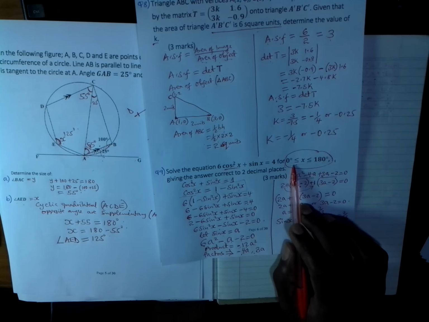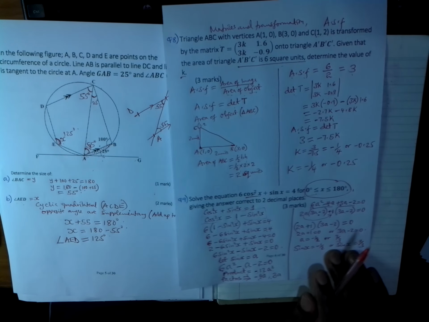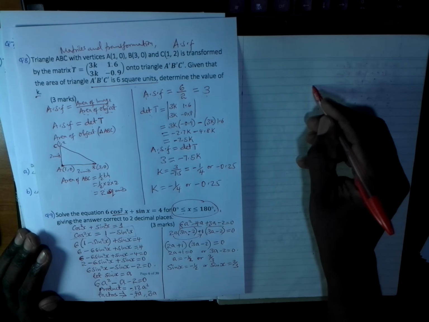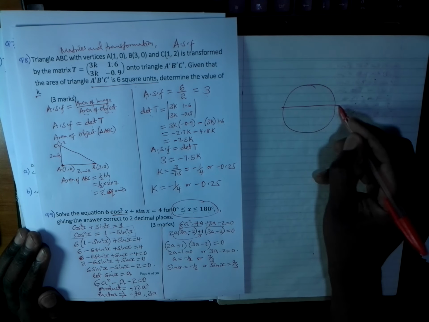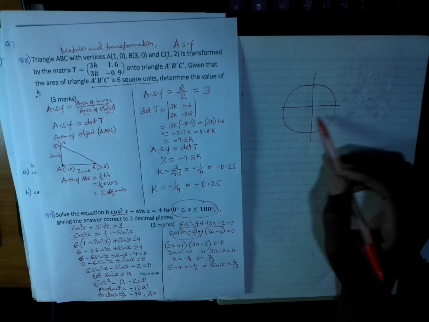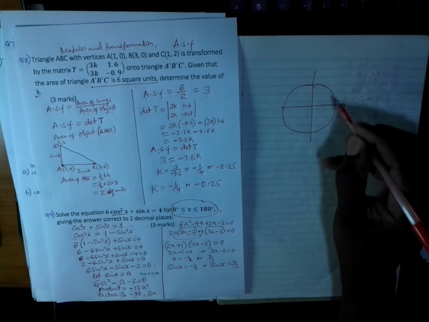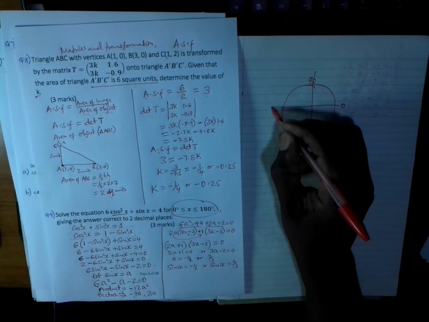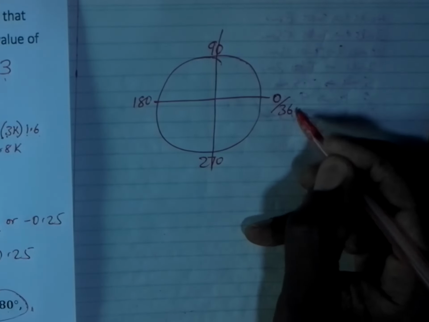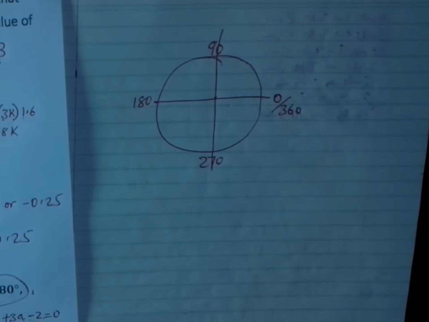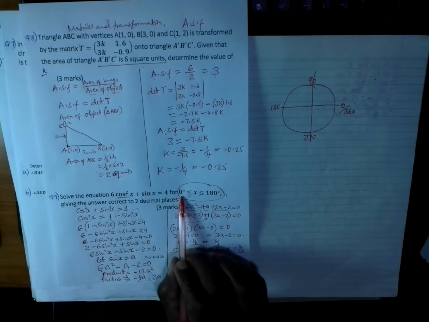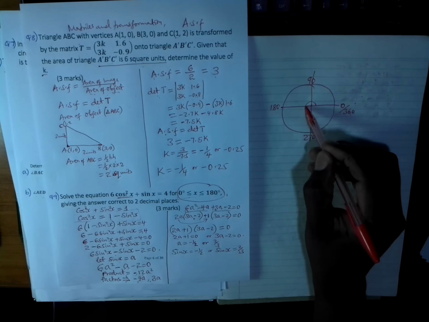But from the given range, one thing I want you to note is that from the first quadrant to the fourth quadrant, 0, 90, 180, 270, back to 360, sine is positive only in the first two, so we need the range from 0 to 180 only.